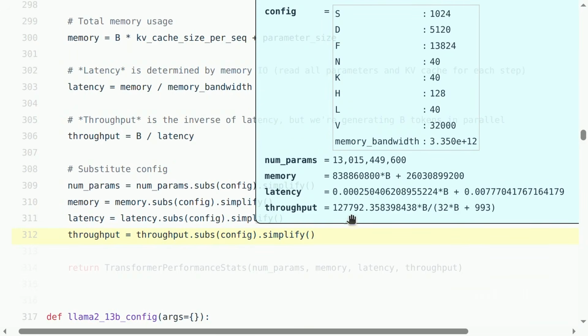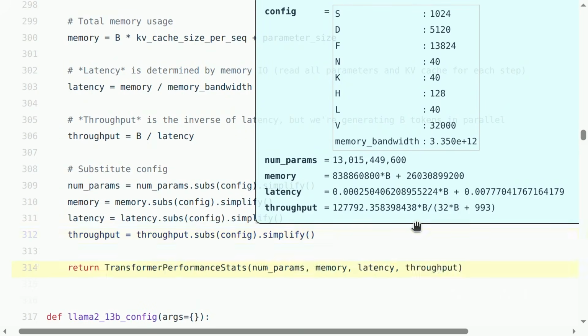So this sort of asymptotes. Throughput can't possibly go to infinity. Okay. Any questions about this so far? So basically, you just have to remember latency is a linear function in B. The constant is the size of the KV cache, and then this is the number of parameters, and then throughput is proportional to B over B plus something.